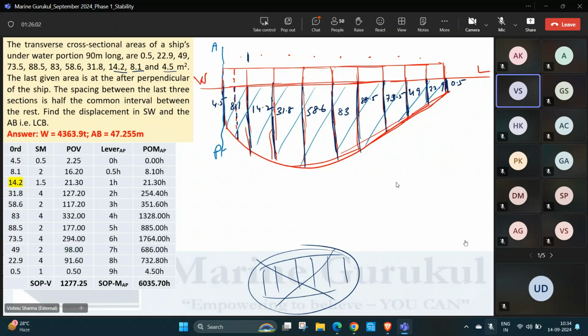Okay, guys, anybody still solving? Let me know. Or shall we go to the next question? Okay, it's still solving. Let me know once you do it, beta. Okay.